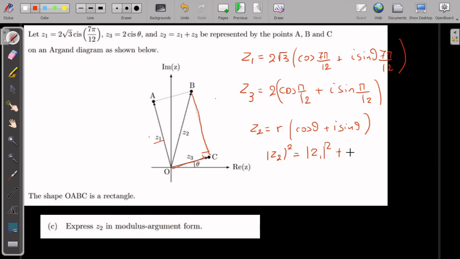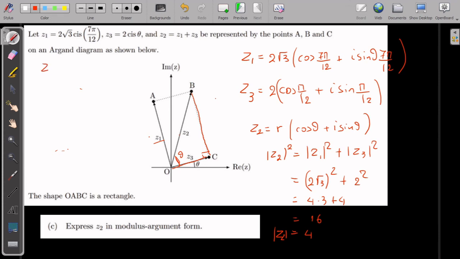The magnitude of Z1 squared, 2 square root 3 squared, is 4 times 3, plus the magnitude of Z3 squared, 4, which is 16. So the magnitude of Z2 is square root of 16, which is 4.